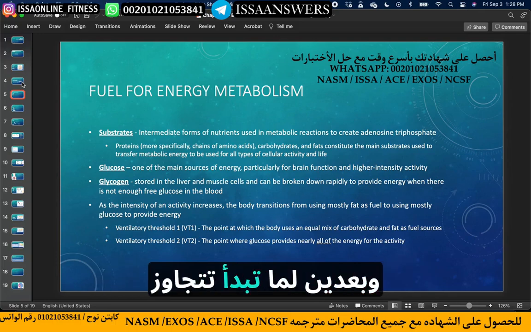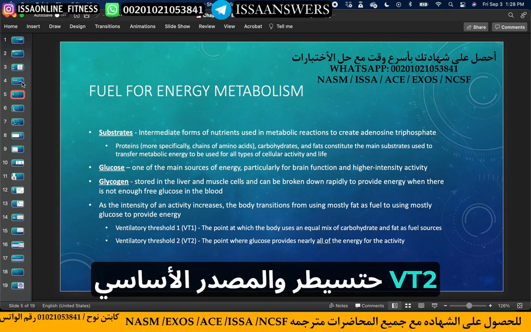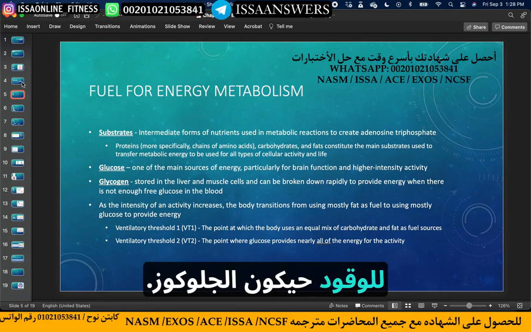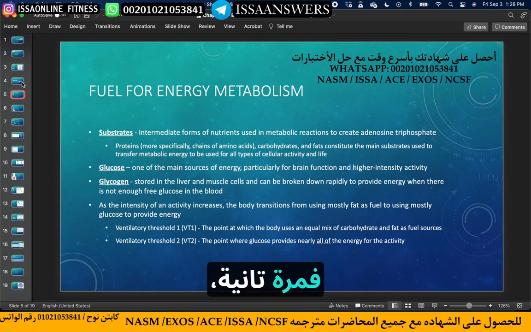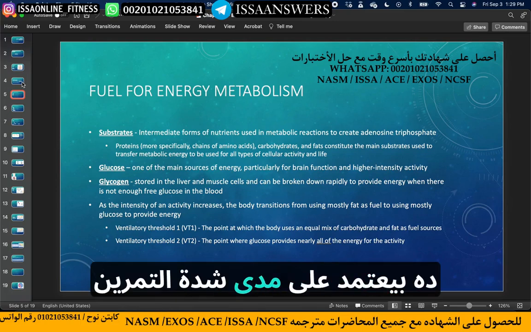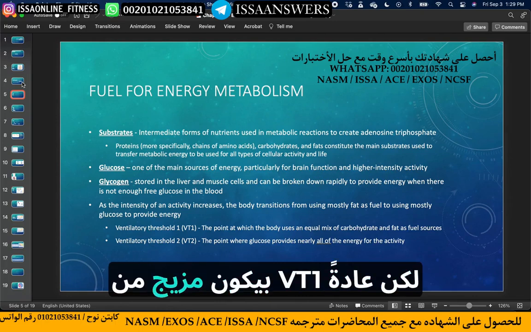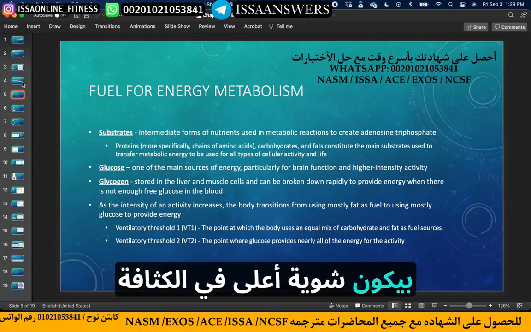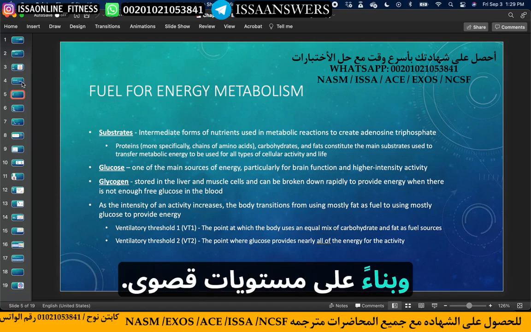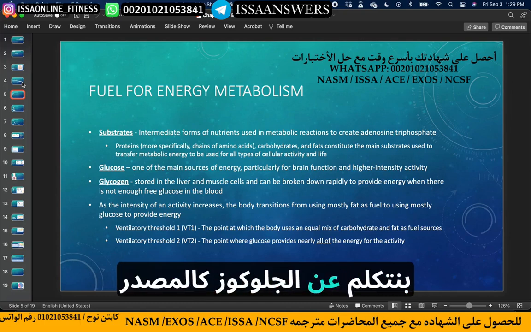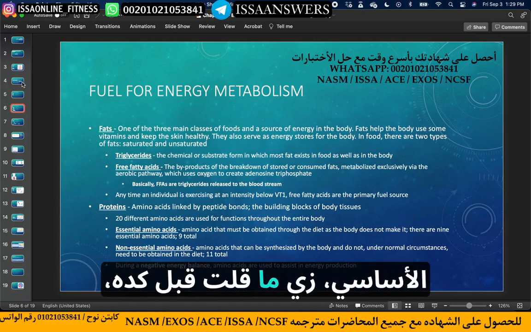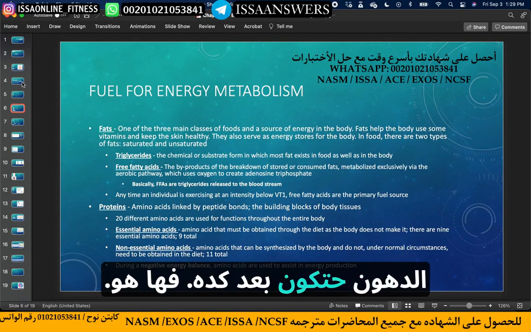Then when you start getting above a certain threshold, VT2 takes over, and the primary fuel source for that would be glucose. So again, it depends on how hard you're working or if you're at rest. VT1 is more carb and fat, while VT2, at a little higher intensity and building up to max levels, has glucose as the predominant fuel.